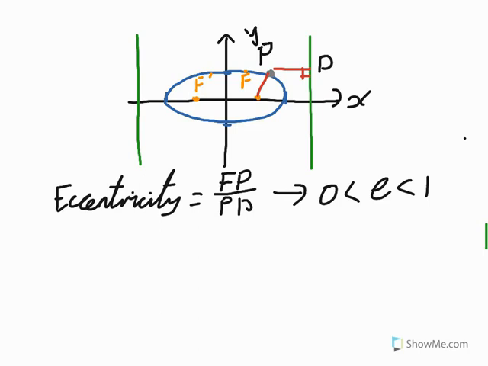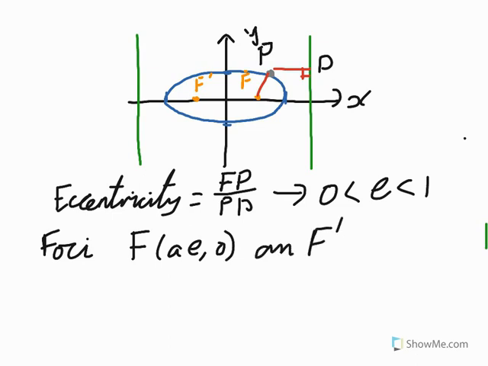Okay, foci, there's two of them. One of them is F, which is (AE, 0), and the other one, F dashed, is at (negative AE, 0). That's for this particular one, where we've got the centre at (0, 0).